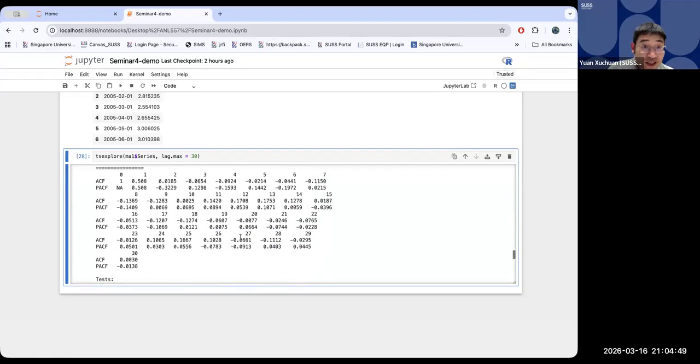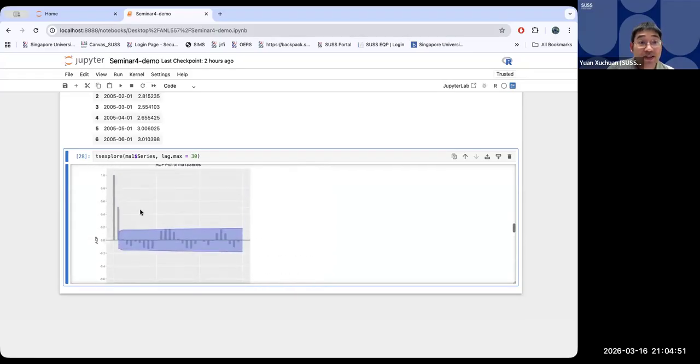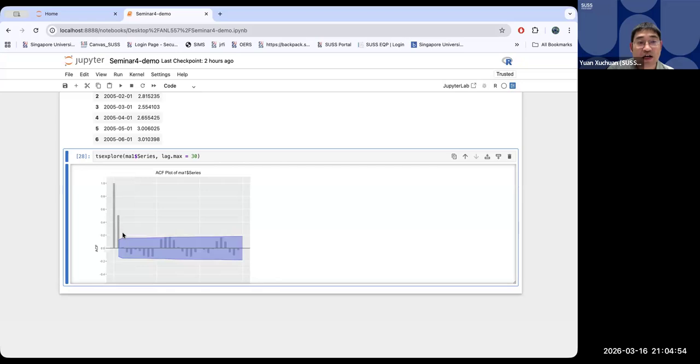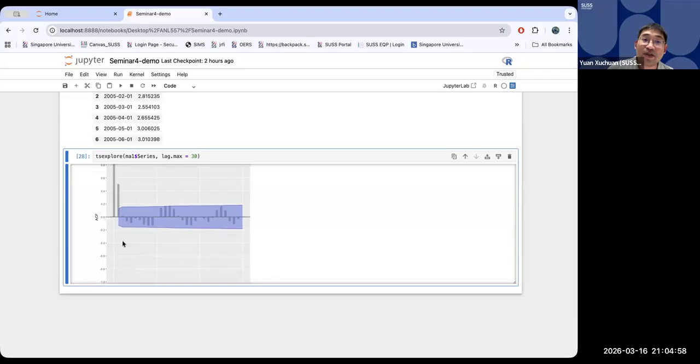And remember, this ACF has a cutoff after lag 1. So this is a typical characteristic of an MA(q) model: after lag q, there is a cutoff. Here you can see after lag 1, the ACFs are 0.